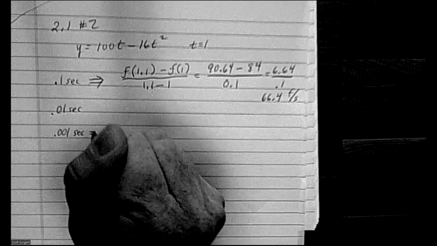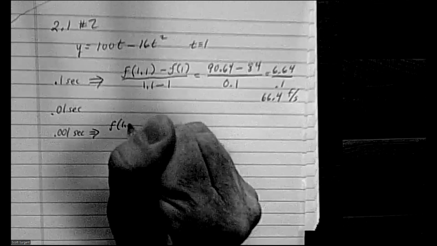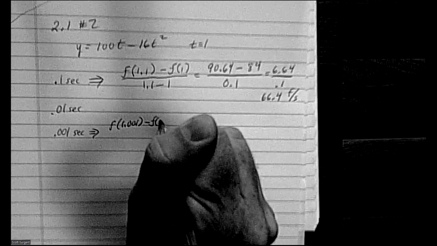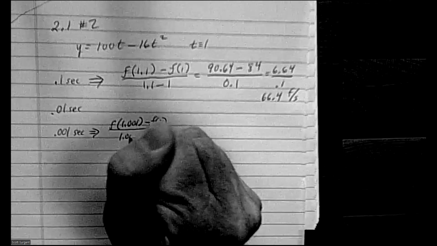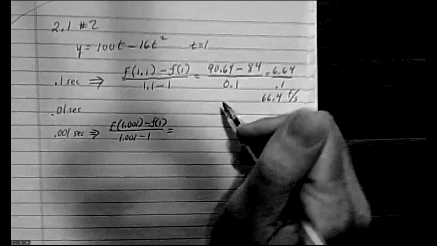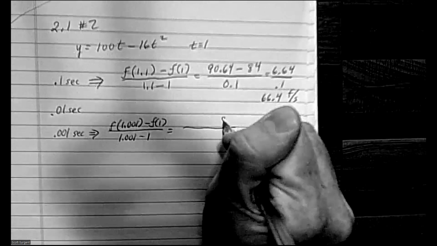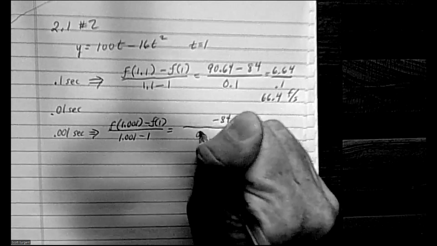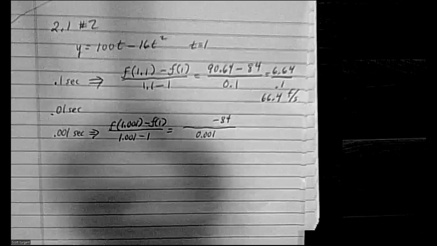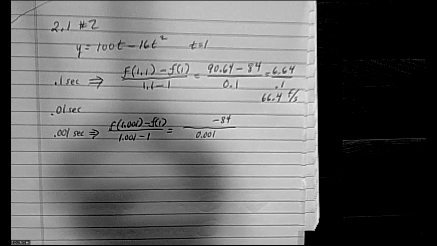I'll tell you what, I'll skip up to the bottom one here. Let's see what happens, because the trend will be pretty strong. So f of 1 we already know is 84. On the bottom we have 0.001 after the subtraction. I just need to figure out what the function is when I plug in 1.001.